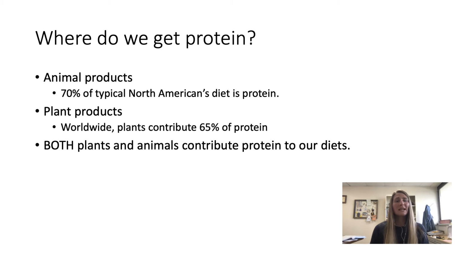Plants contribute 65% of the protein worldwide. So in the United States and other populated, modern countries we are fortunate that meat is readily available. However, in countries where meat is not a staple food, we're still not seeing protein deficiencies. Protein is not a deficient nutrient because plants provide protein as well.